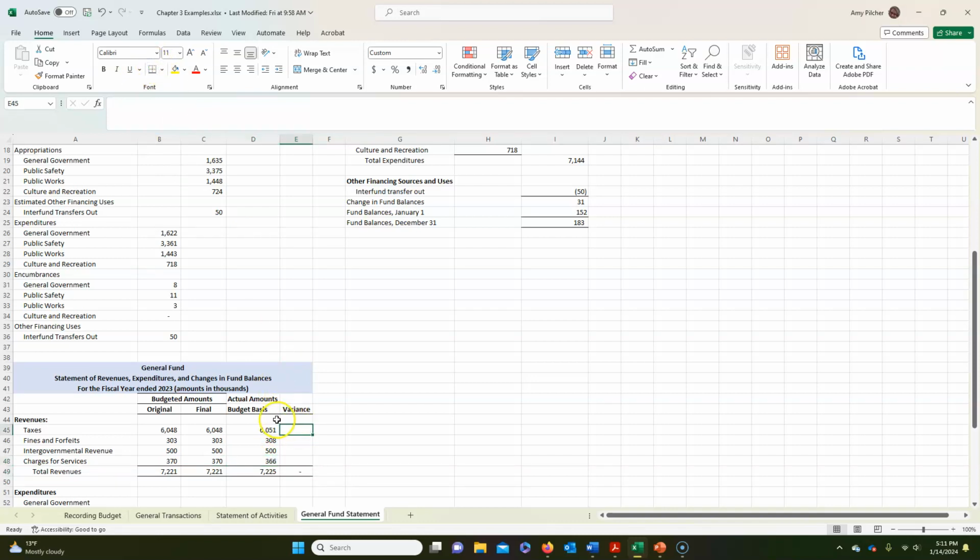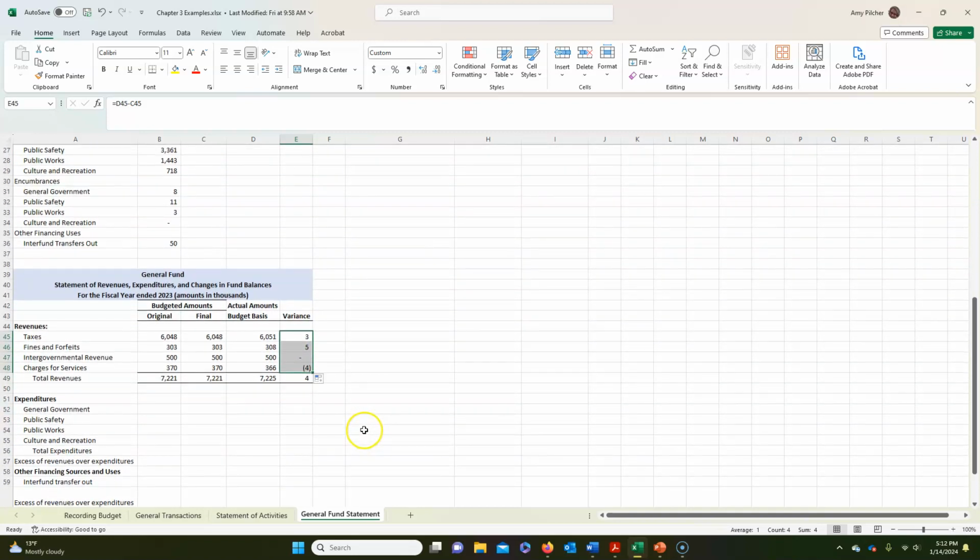And then of course we have what is the difference, so of our actual to final budget. And so when we look at that, we see that we had $3,000 more in taxes, $5,000 more in fines, and $4,000 less in charges and services. There was no variance in our intergovernmental revenue.